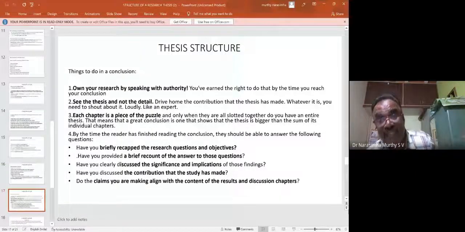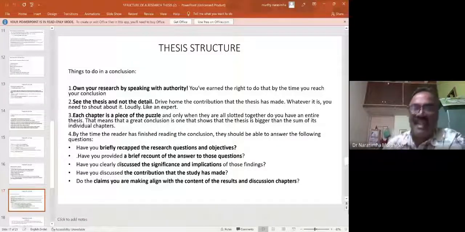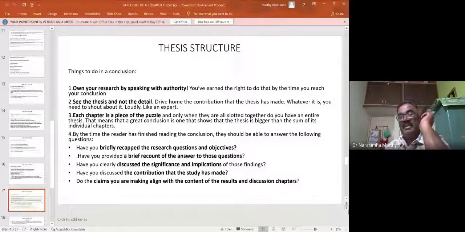These are some of the things you must do, some do's in a conclusion. The first one is: own your research by speaking with authority.